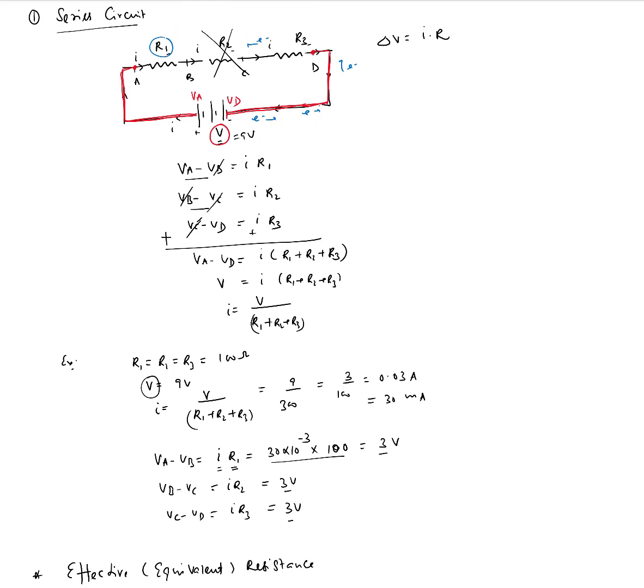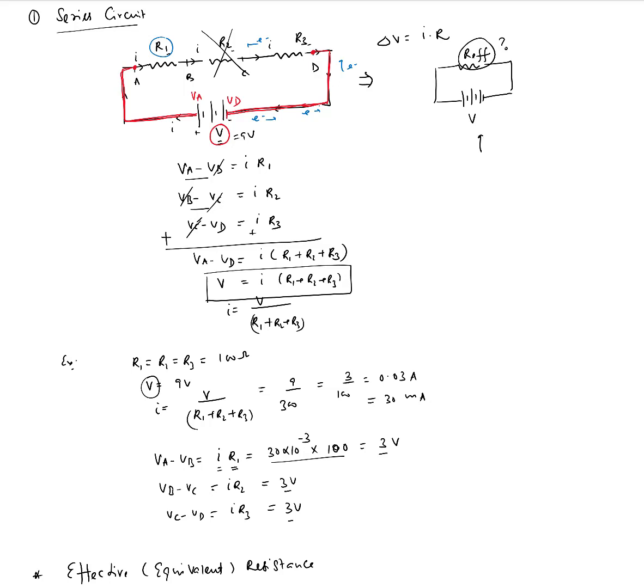So for example, if I wanted to replace this entire circuit with the original voltage source and a single resistor, so let's say this is what I wanted to do, I will replace all the resistors, all the load, with R effective with the same voltage source. Then the question is, what is that R effective? In this case, you can probably tell the answer readily, because if you look at this equation, this tells you basically what your effective resistance would be.